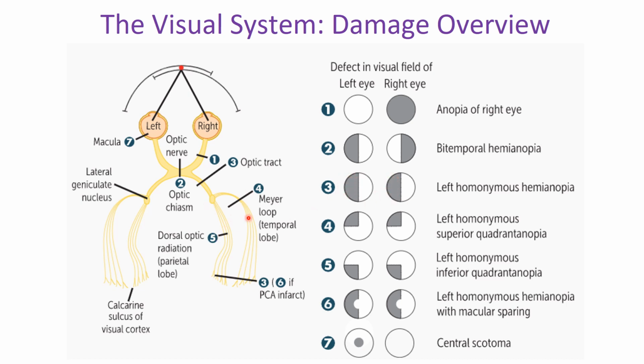So your Meyer's loop is carrying your upper visual fibers. So imagine just only losing that top part right here, sparing the bottom because you didn't cut this geniculocalcarine tract. So that's why you get Meyer's loop pie in the sky. But then if you did cut just this one and spared Meyer's loop, you'd have the exact opposite.